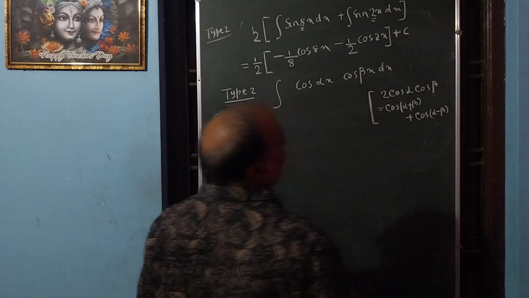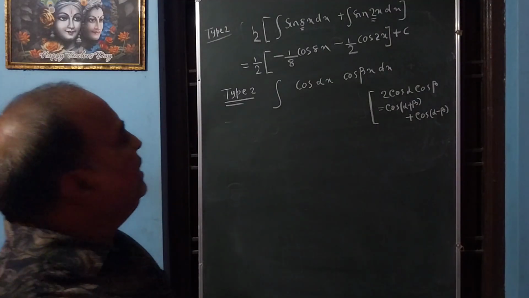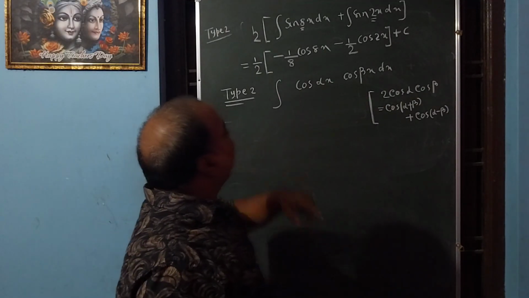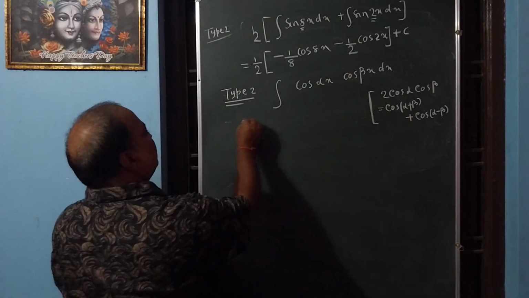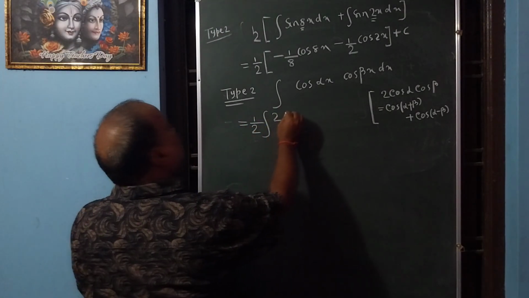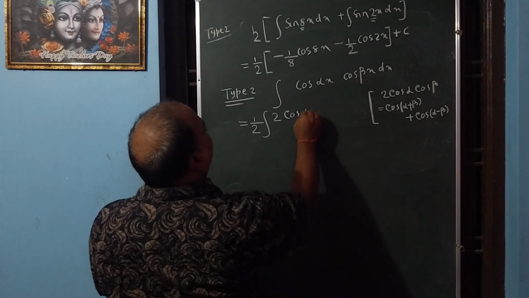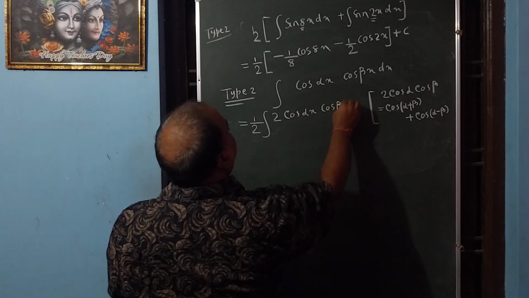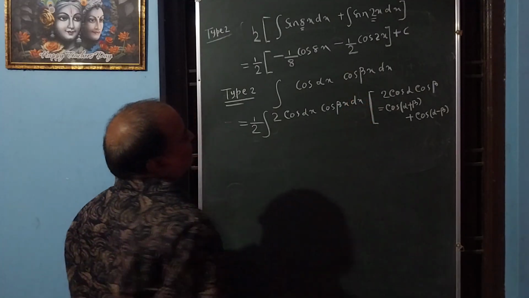That is one formula in trigonometry. But here we see 1 by 2 is multiplied and 2 is divided. So we get 1 by 2 integration of 2 cos alpha x into cos beta x dx.